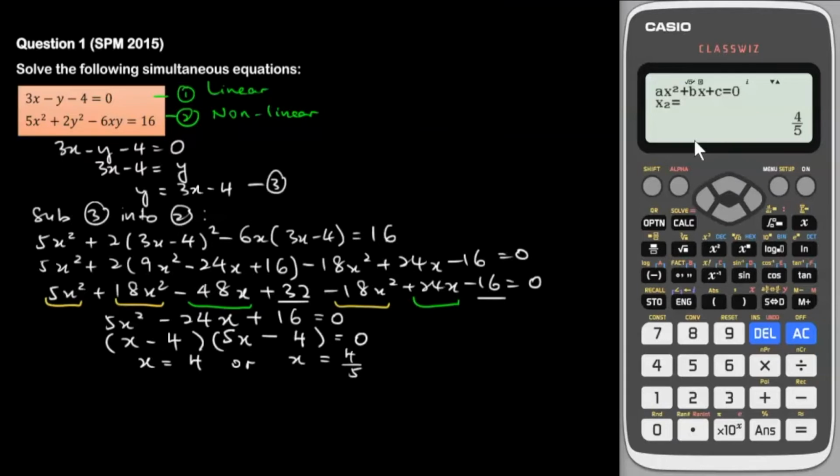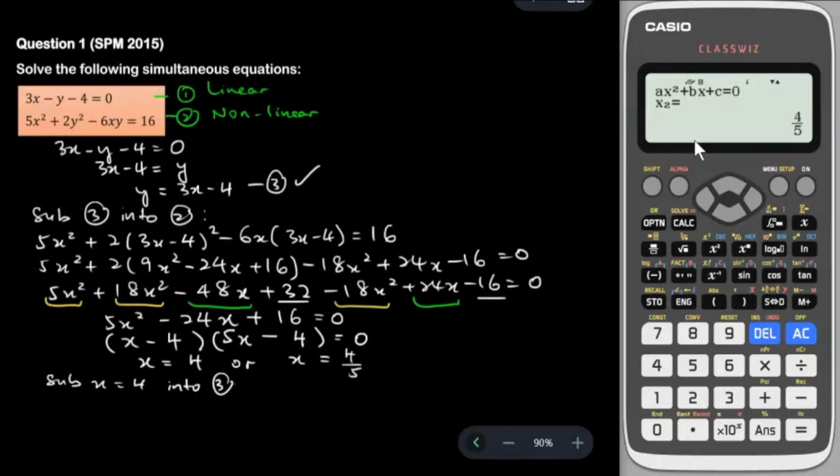So now we are going to find the respective y values by substituting x equals to 4 into equation 3 and x equals to 4 over 5 into equation 3, and then we'll get the y values. So I'm going to sub x equals to 4 into 3.